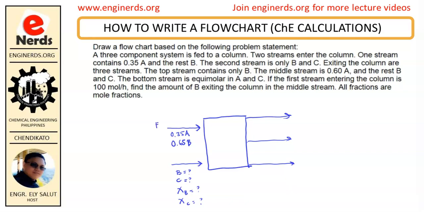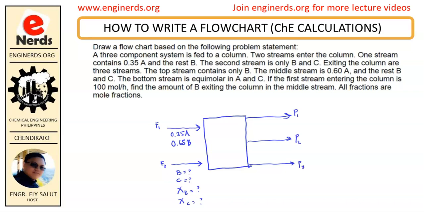And since this is the first stream, I will write F sub 1. And the second stream will be F sub 2. And then, exiting streams are normally called product. So, I will name it by this time. Okay, P1, P2, P3. So these are our streams.